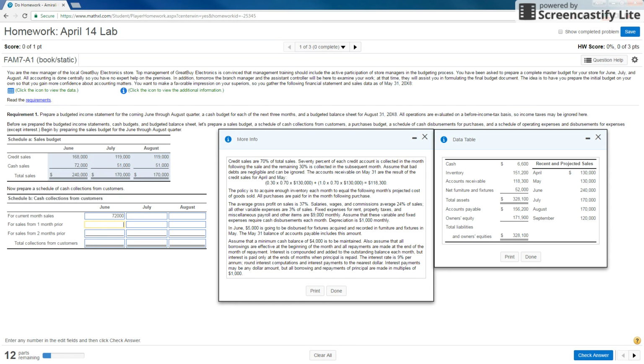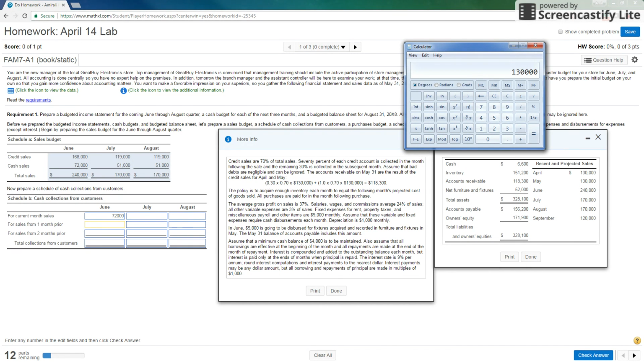So from the last month, we are collecting 70% of the credit sales of the last month. So when we are talking about the June, we have to see how much credit sale we have on a May account and collect 70% of that. So on May, we sell $130,000.